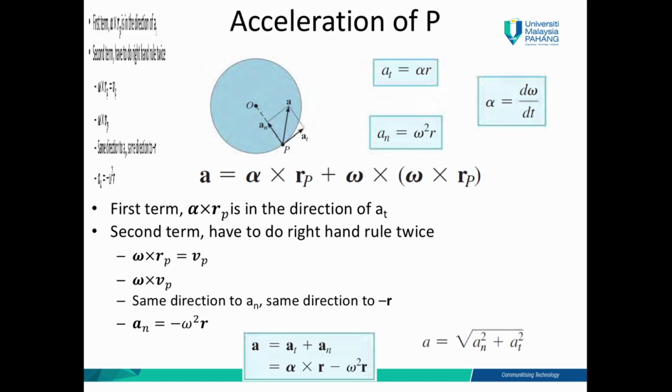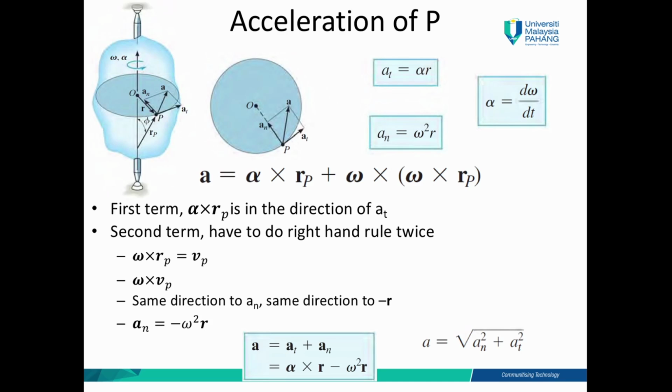So how do you find the direction? For the first term, the angular acceleration times rp, what do you get? To find the direction of your acceleration, you need to see here that you can divide this into two. So the first term, the cross product of the angular acceleration with rp, your position vector.